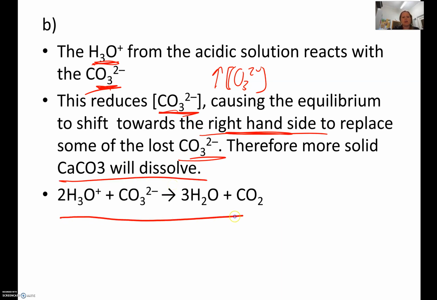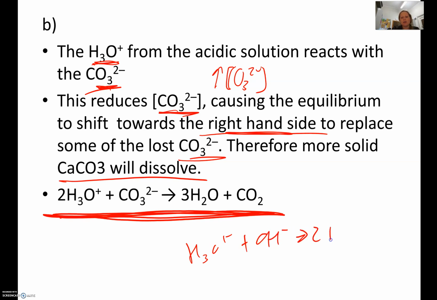And this is the equation that you must be able to produce in your exam. They love asking this one because it's a little bit harder than just H3O+ plus OH- goes to 2H2O. Okay, so 2H3O+ plus CO3 2- forms 3H2O plus CO2. So I hope that makes sense. So therefore the solubility increases for this one.